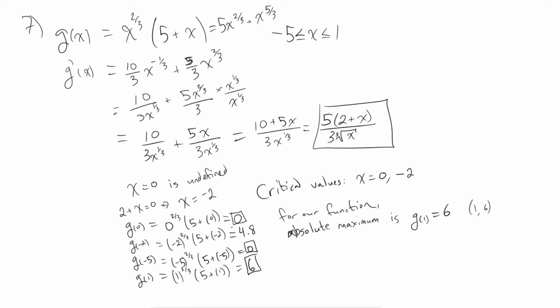I guess I could write it like that. And absolute minimum, we have it twice. So we have absolute minima. The absolute minima are g at 0 is equal to 0, or 0, 0, and g at negative 5 is equal to 0. So negative 5, 0. Oh, ran out of space. Negative 5, 0. There's the edge of my board.